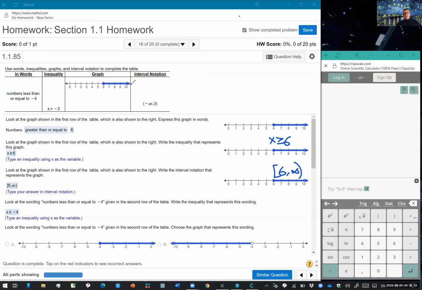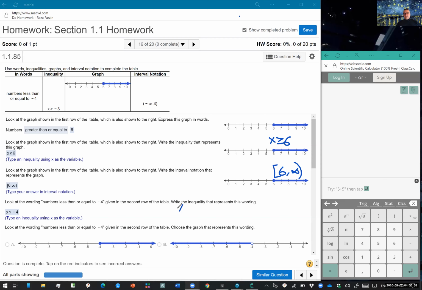So then they want you to do kind of the similar thing with some other sets. They're just giving you a lot of practice here, that's all. So here it says, look at the following wording. Numbers less than or equal to -4. So how would you write that with an inequality? Numbers less than or equal to -4.